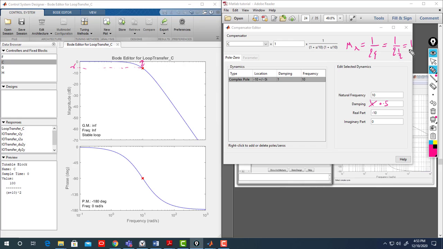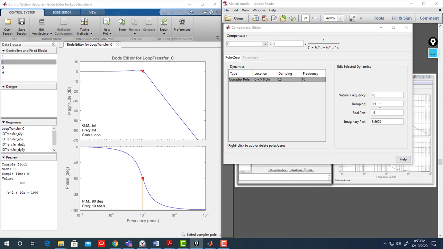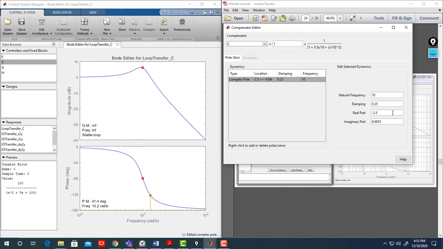Then 20 log of 1 is 0. So this will be shifted to 0 if zeta equals 0.5. Let's test it. You see, it shifted to 0. Now, if I take a smaller value, for example 0.25, I start having a peak.